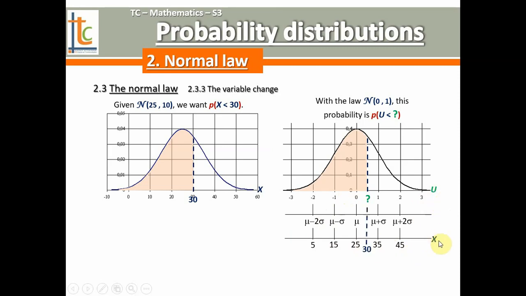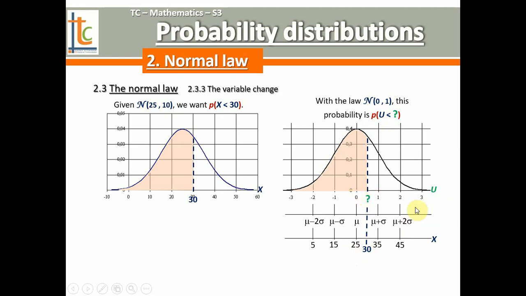Now, our value of 30 will be translated. We are allowed to translate it because we can notice that if we stop at 30 on this axis, we just added a half of the standard deviation to the mean. And what does it mean on the u-axis? Adding the half of the standard deviation to 0 leads to 0.5, of course.